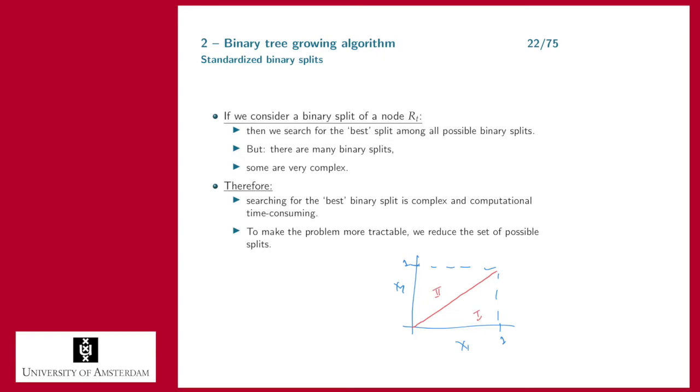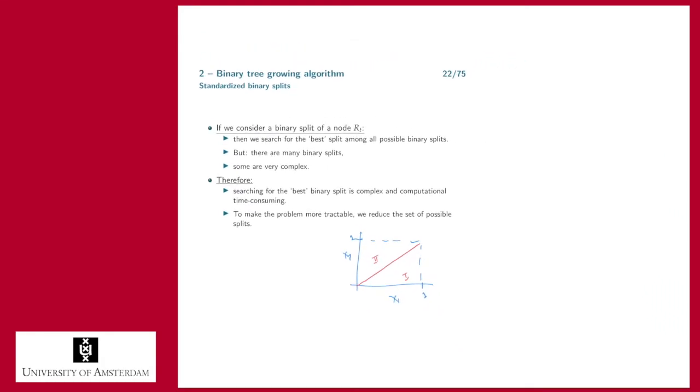But we can also have a different way of splitting the same space into two parts. Also in this case, we have here 1 and all the rest is 2, which is also a binary split of the feature space in two parts.